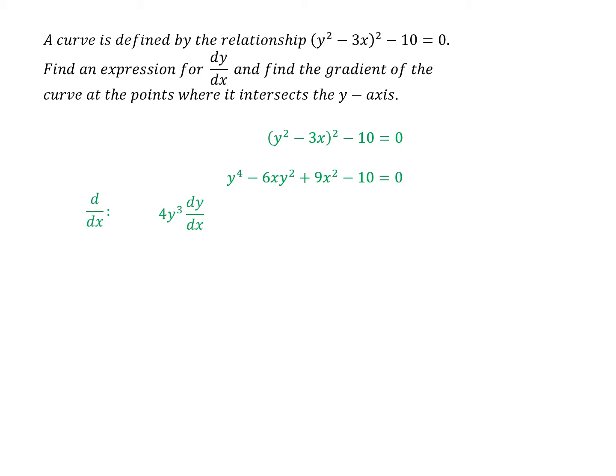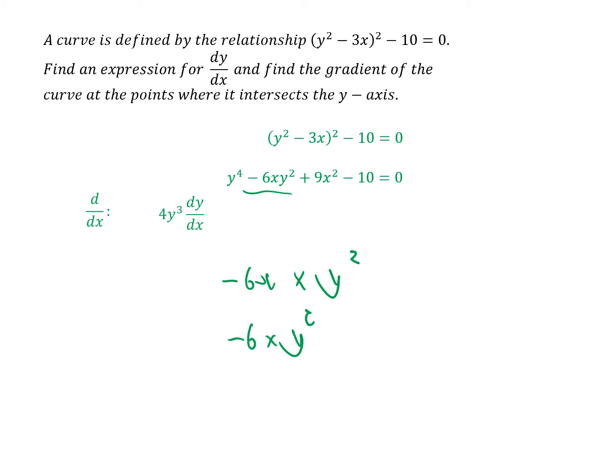The second term here is a little more tricky because I've got two functions multiplied together, so I need to use the product rule. So I'm saying minus 6x times y squared. So the differential of that is I differentiate the first one, which is minus 6, and then multiply that by the second one.